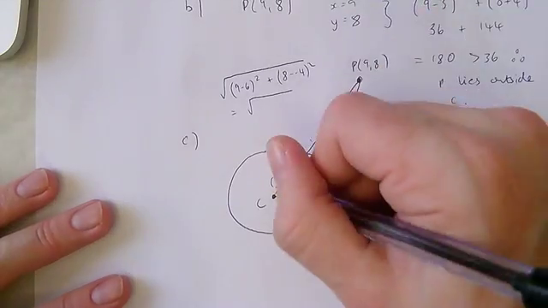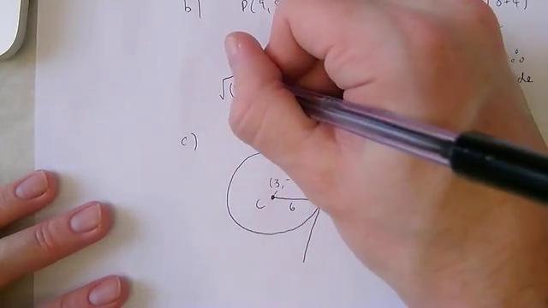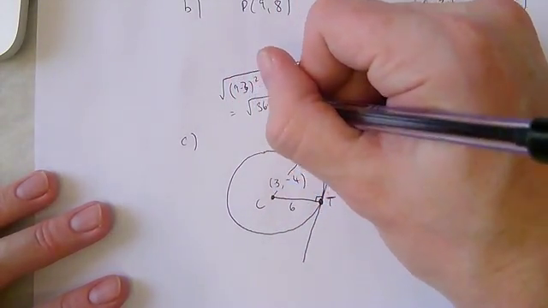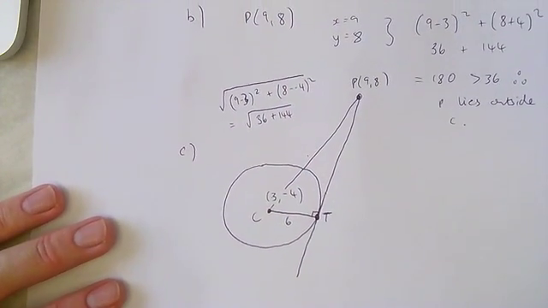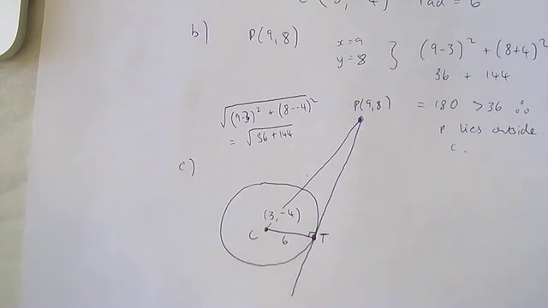I've actually answered that one, haven't I? 9 minus 3 is 6, so that's 36 plus 144. Hang on, have I done that right?